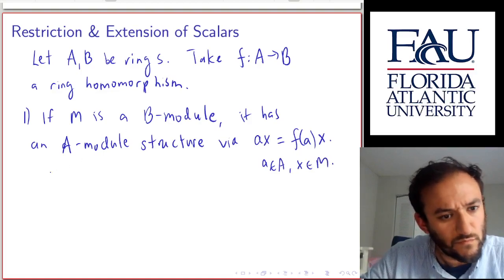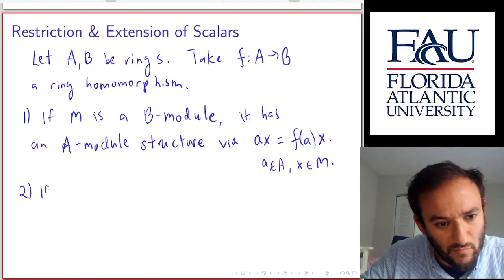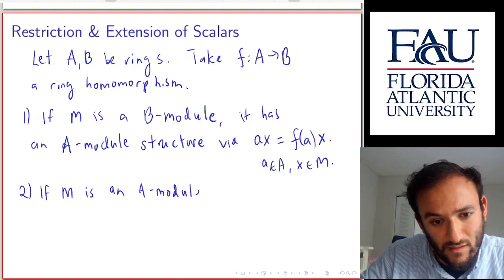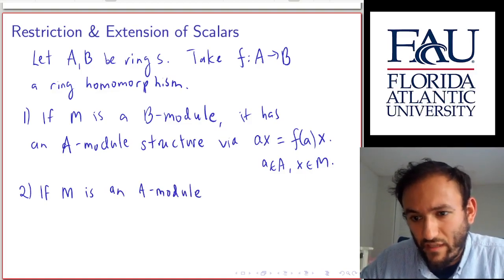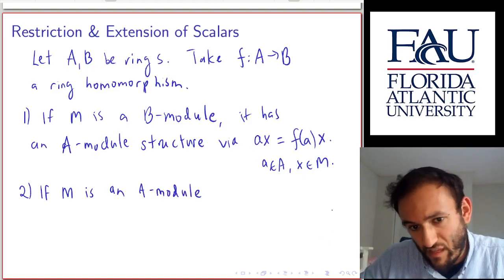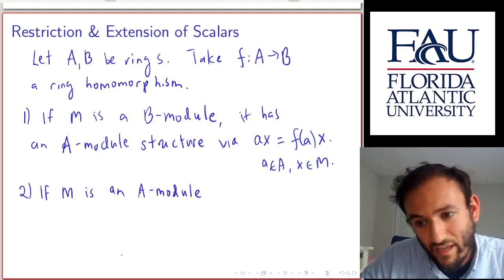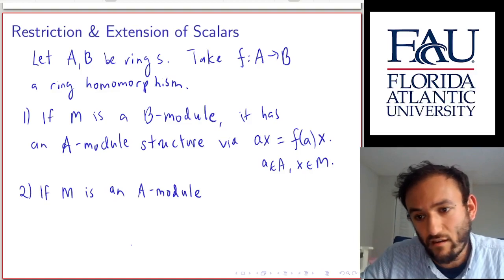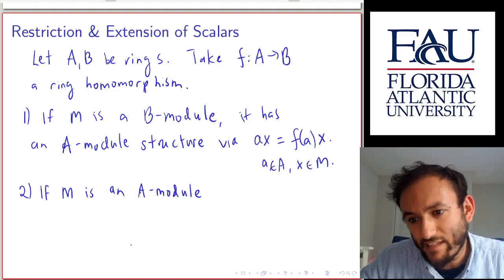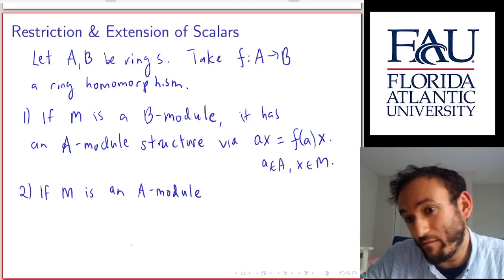Okay. If, on the other hand, M is an A module, it's a bit more complicated because we don't really have a way to multiply by most things in B. But what we can do is just make sure that it's interacting well over the things we can multiply by.